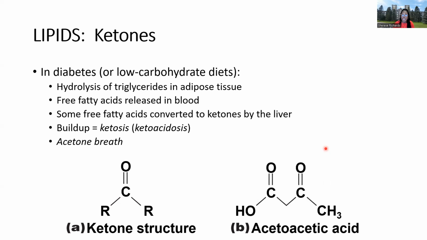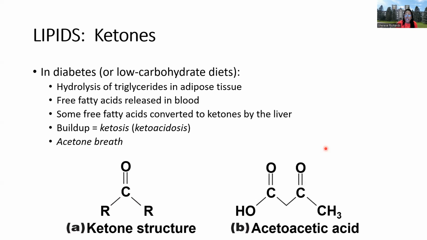There are some congenital defects where removing carbohydrates is beneficial, because with certain genetic diseases the infants don't have the correct enzymes to deal with carbohydrates. So it can be therapeutic to decrease carbohydrates. These are the circumstances under which we will see the production of ketones.